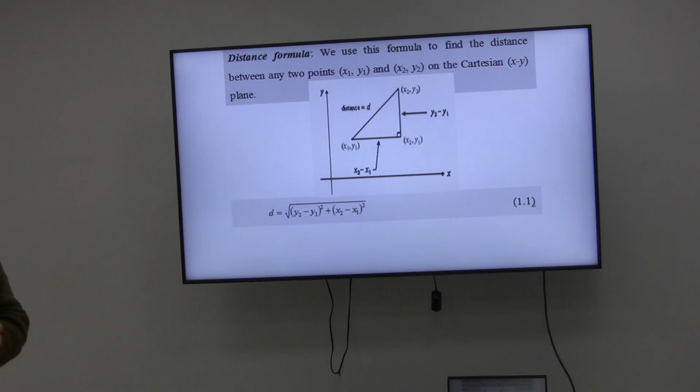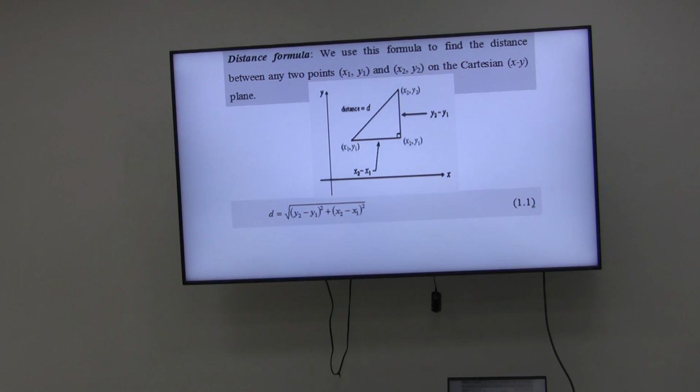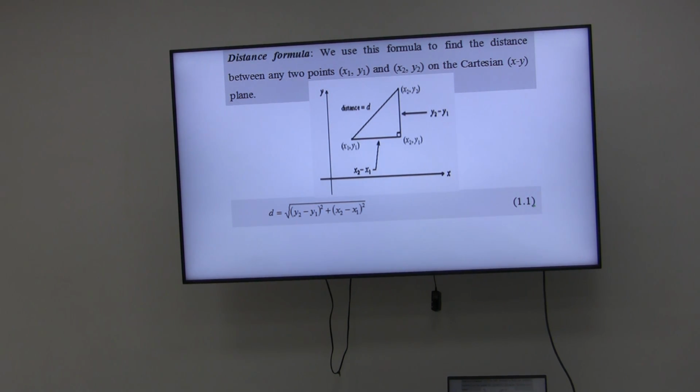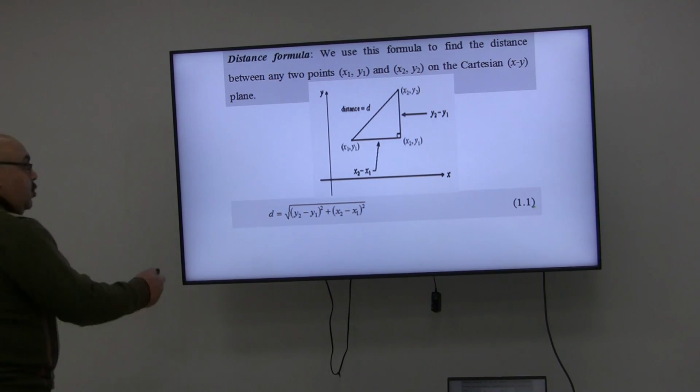I have the distance. And yes, Ziyad, it is also the norm of a vector, if you remember from linear algebra. If I want to get the norm or magnitude of a vector, all I have to do is get the sum of the squares of each component under a square root. So that's the law of the distance.